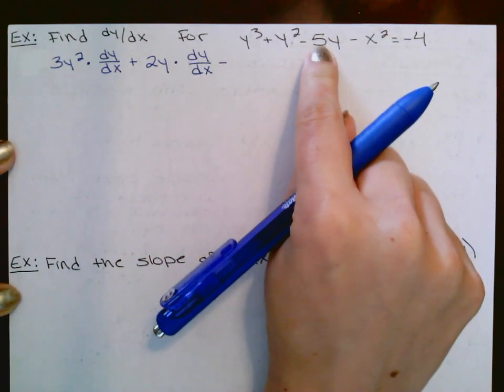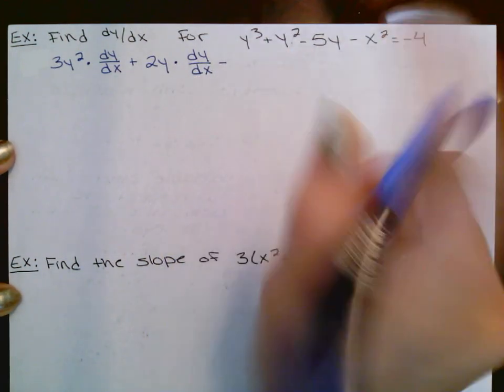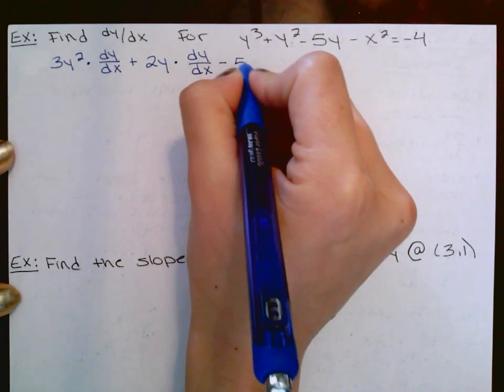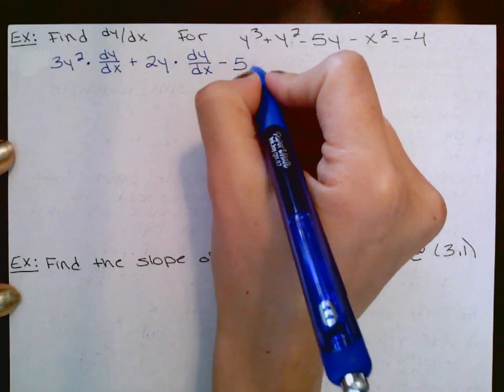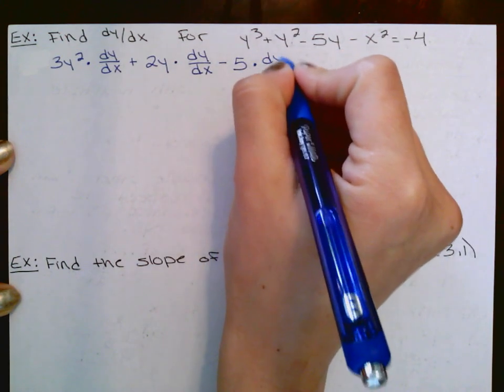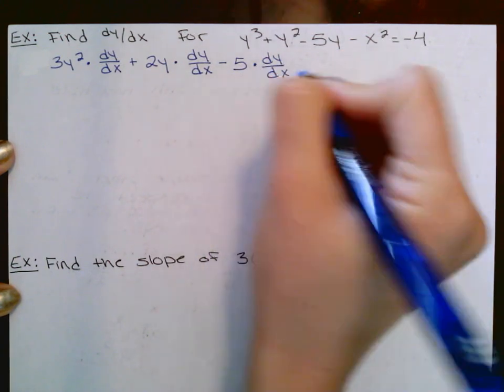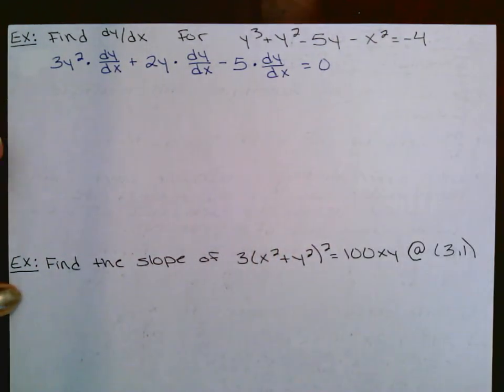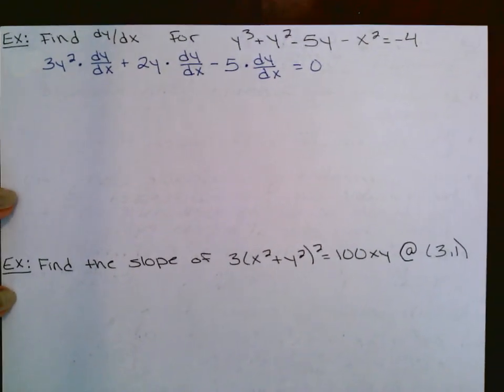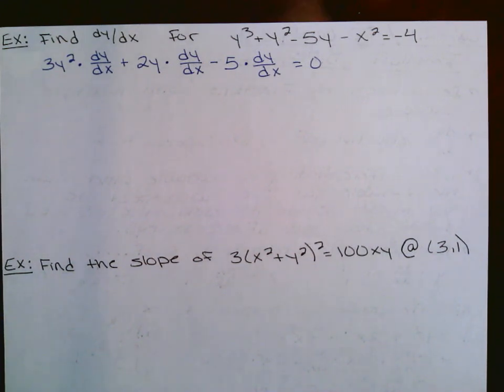Minus derivative of 5y is just 5. Because it's a variable other than x, I have to include dy dx equals derivative of -4 is 0. All right, you are done with the calculus at this point. The easy part is over. So now we move on to the next step.